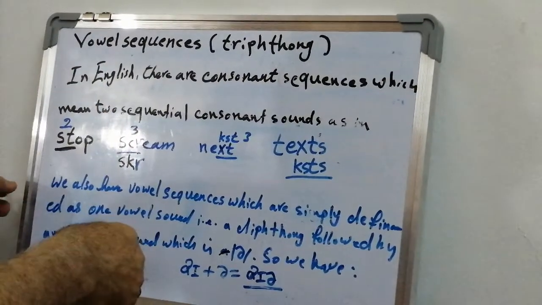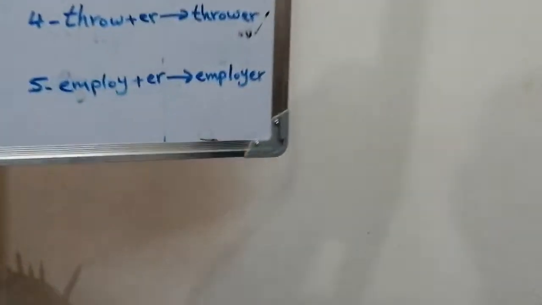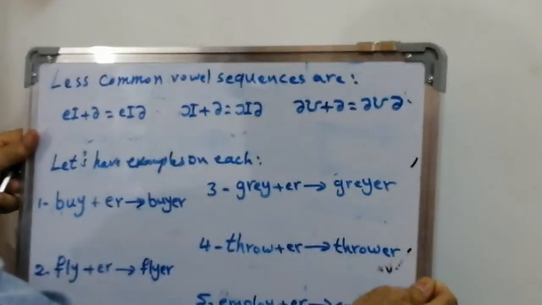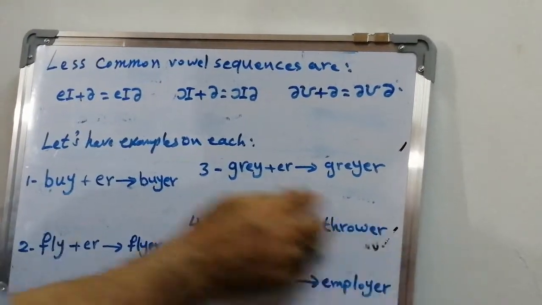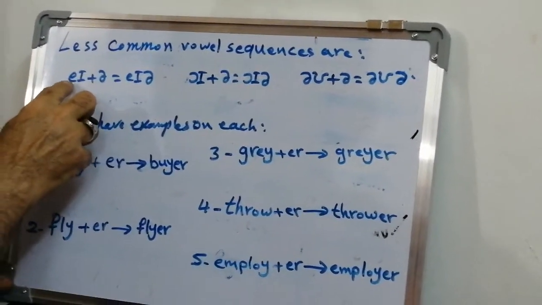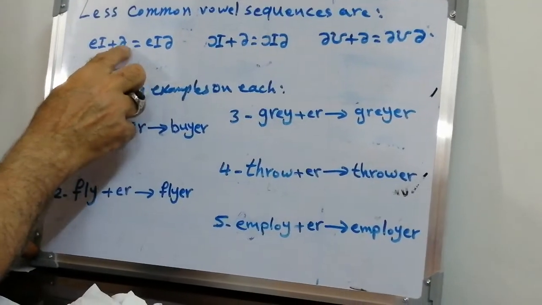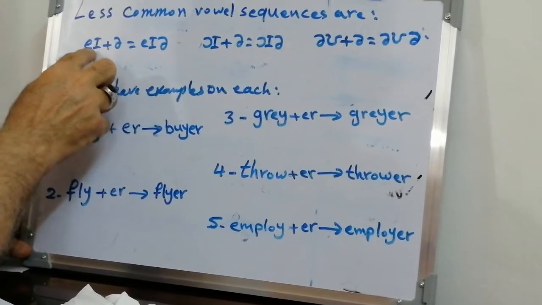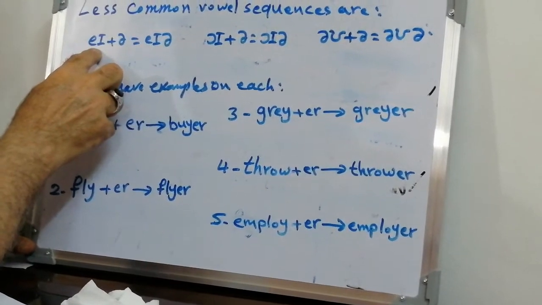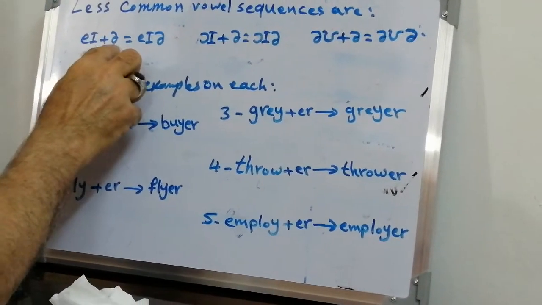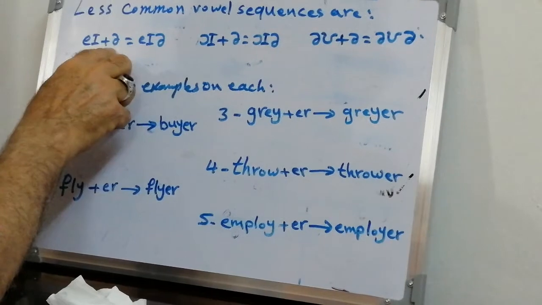Now, in addition to these common triphthongs, we also have less common vowel sequences: diphthong plus schwa. Remember this diphthong, as in day, but sometimes it is followed by schwa.